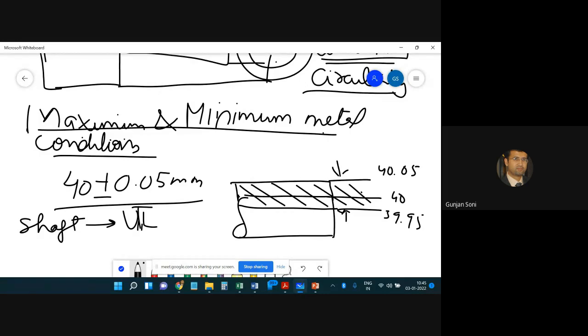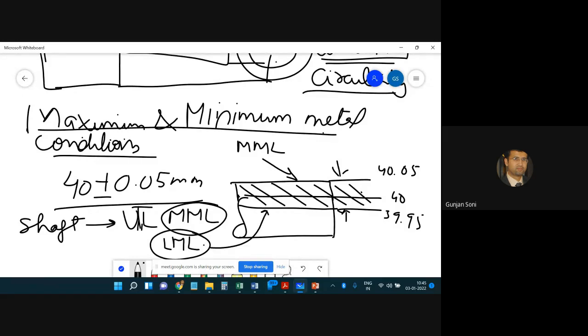We call it maximum metal condition or maximum metal limit, MML. So this is your MML, and the lower metal limit is LML, that is 39.95.